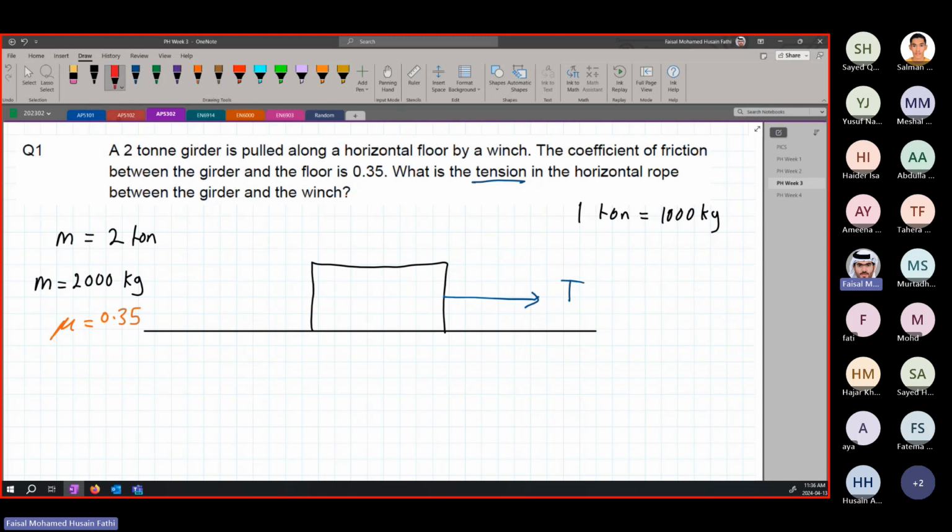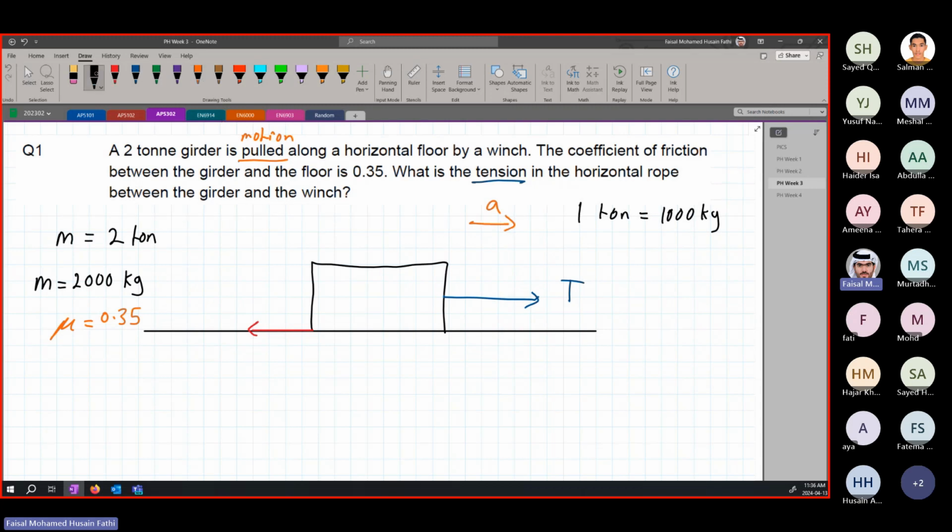First things first, we know that our friction force is going to be opposite to where the tension force is being applied. How do we know? Because we know that the girder is being pulled along, which means there is motion. So there is motion in this direction, a specific acceleration, but we don't know what it is.